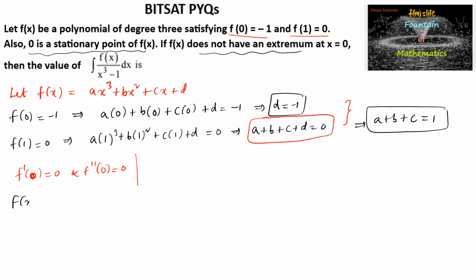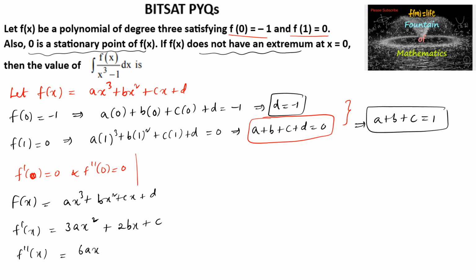We have f(x) is equal to ax³ plus bx² plus cx plus d. Now f'(x) is equal to 3ax² plus 2bx plus c, f''(x) is equal to 6ax plus 2b, and f'''(x) is equal to 6a.